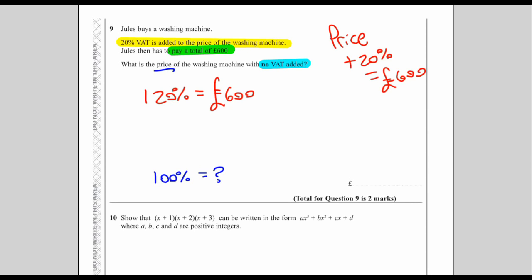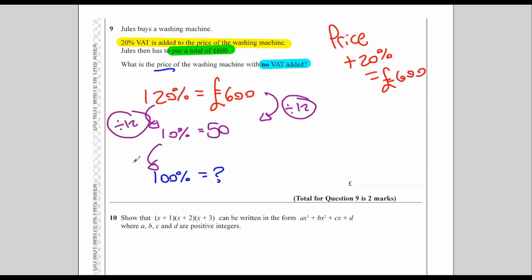So we could work out 10% first, and times by 10 to get 100%. So we've got 120, we want 10, divide by 12. Do that to both sides. So 600 divided by 12 is 50. Okay, times by 10, 500 quid.